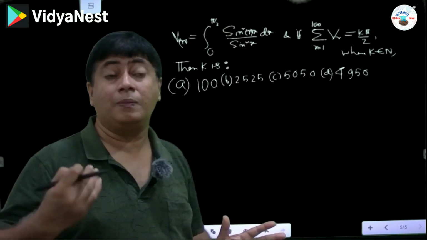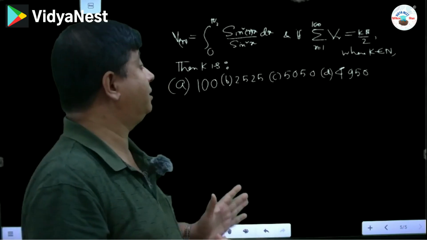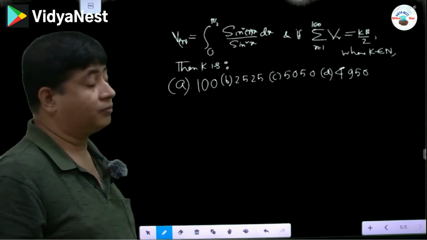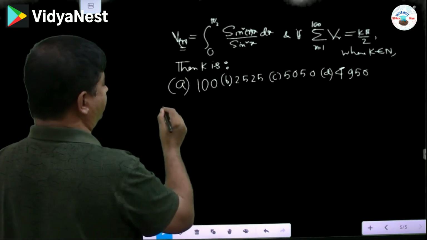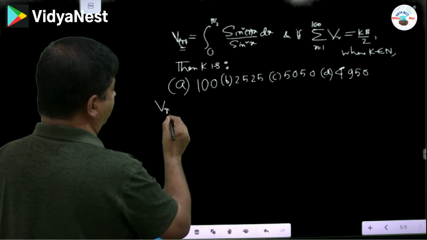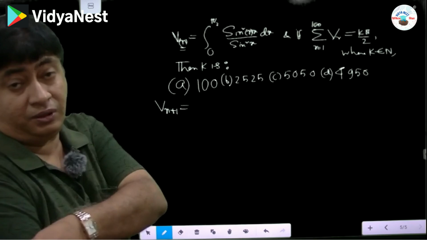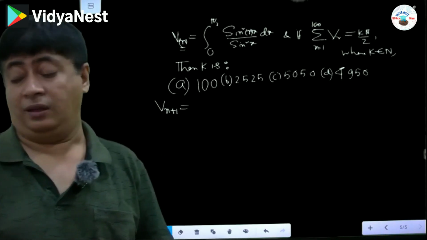How can I get the right path? How can I catch the mechanism of this sum? That is a big issue. See, by mathematical induction, you take Vn plus 1. This is the trick of the sum. This sum is really at par with JEE Advanced level. Okay.